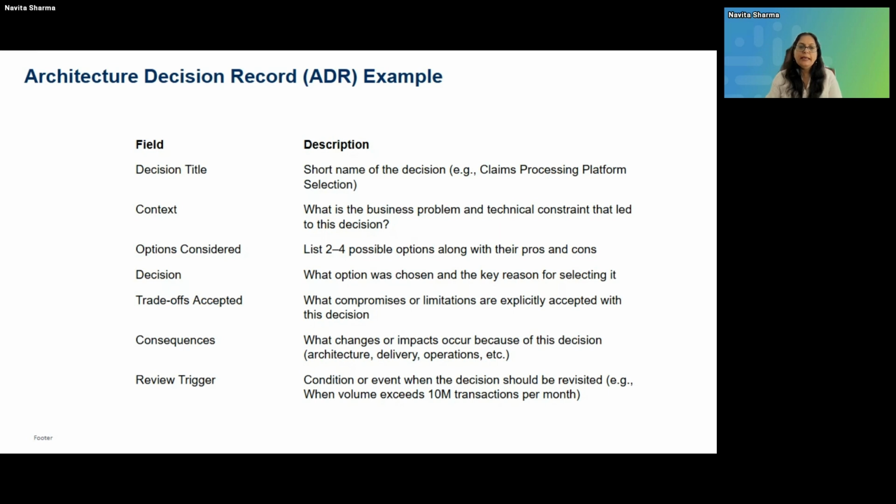And then towards the end we talk about two things: consequences and the review trigger. Consequences is basically if there is any downstream impact on any other stuff that we need to capture here. Review trigger is something which says when this decision should be reviewed.